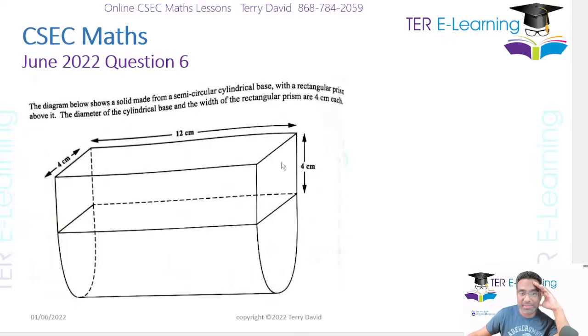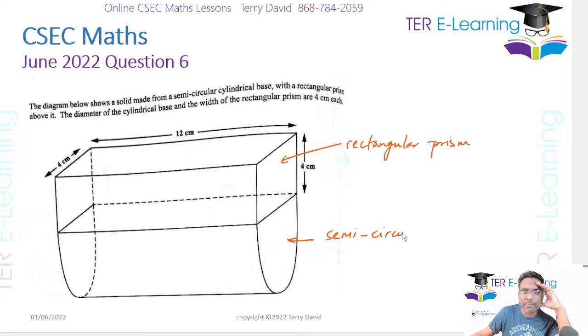So what they're telling us here is that on top we have a rectangular prism, and at the bottom, we have a semicircular cylindrical base.